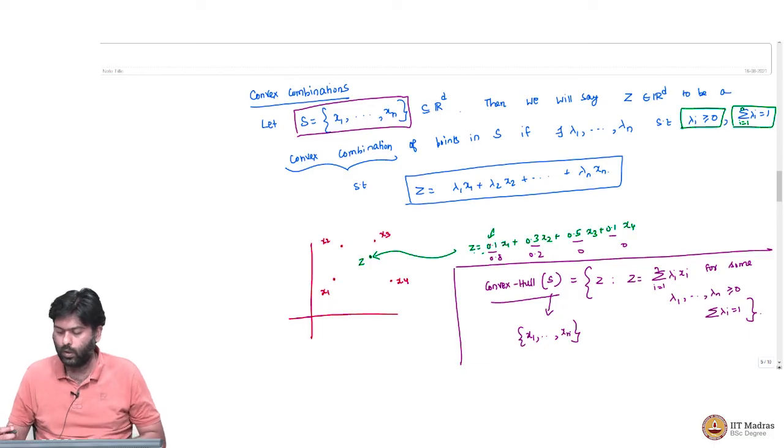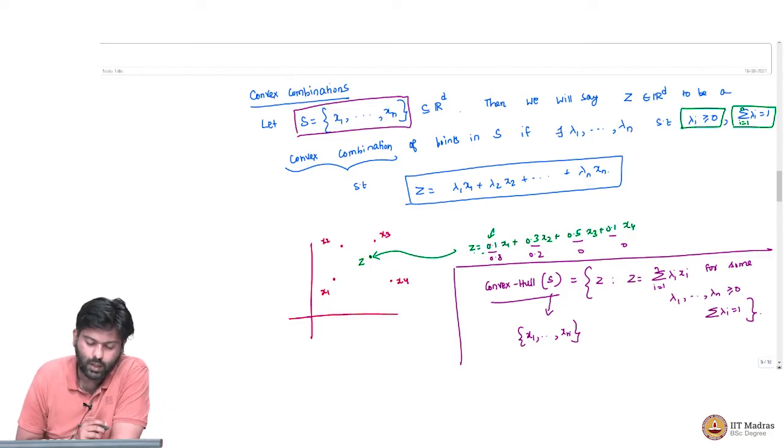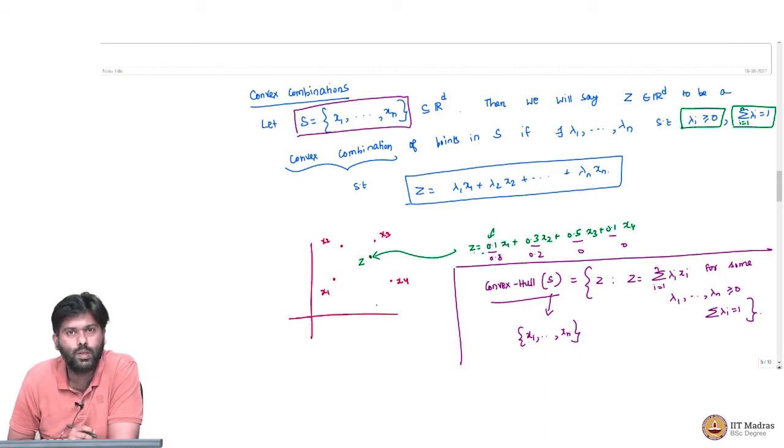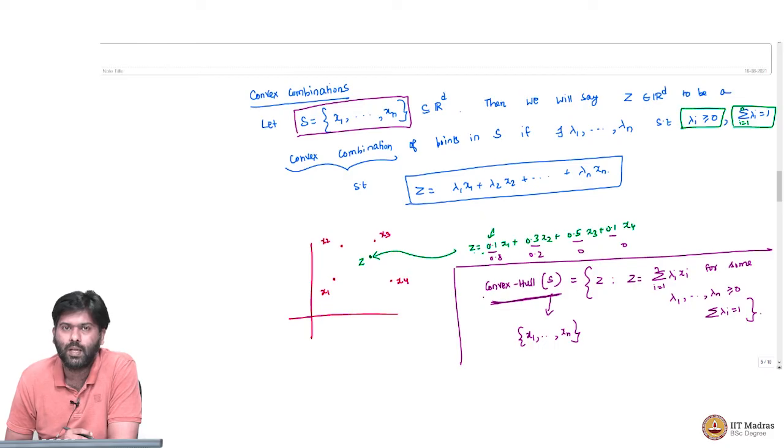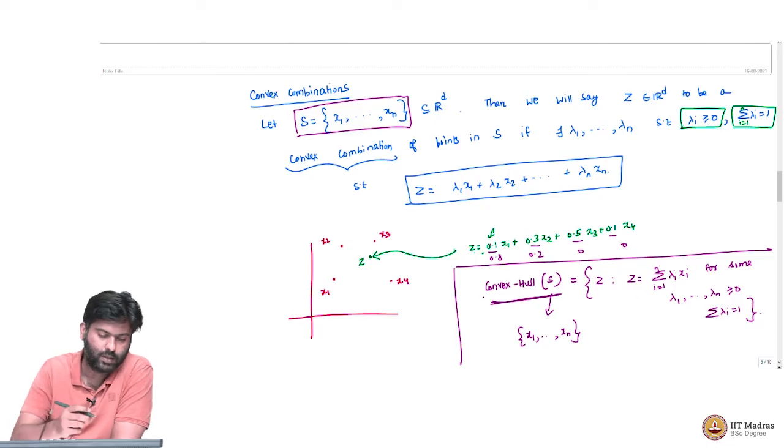Now, in this particular example, again let us think of the same set of points x1, x2, x3, x4. Where do you think is the convex hull of S? In other words, where are the set of points which can be expressed as some convex combination of x1, x2, x3 and x4, right. So, if you are not already seeing it, maybe you should pause a bit and think about this.